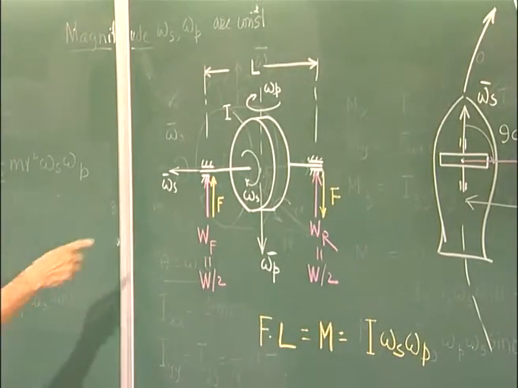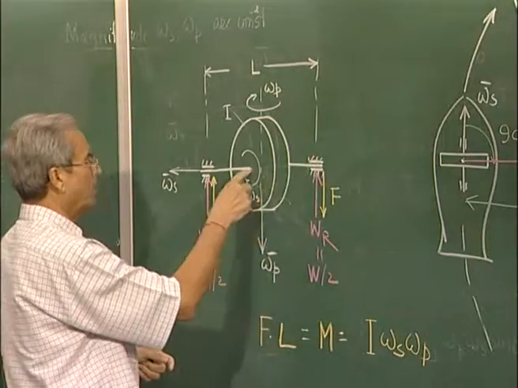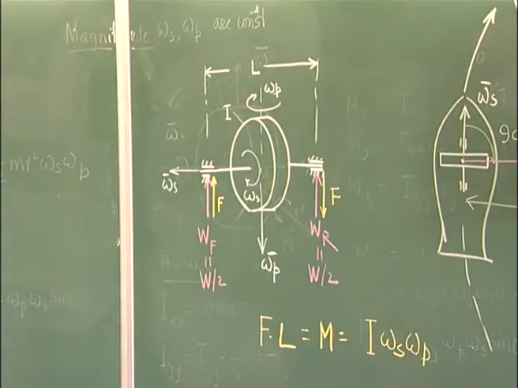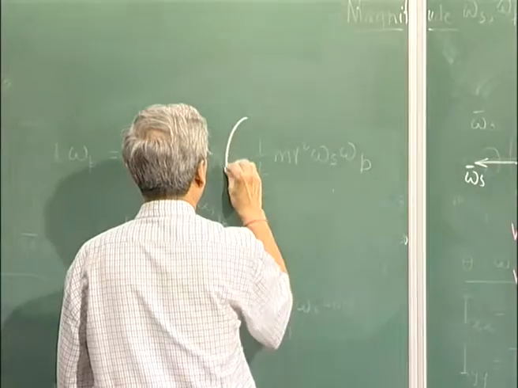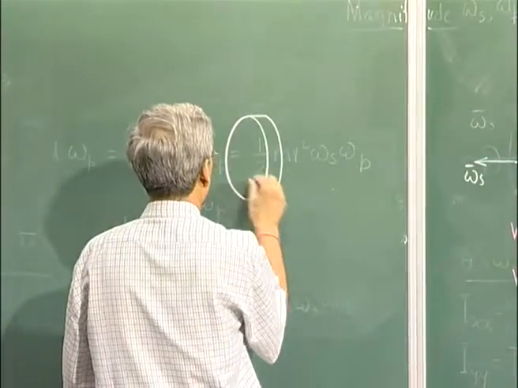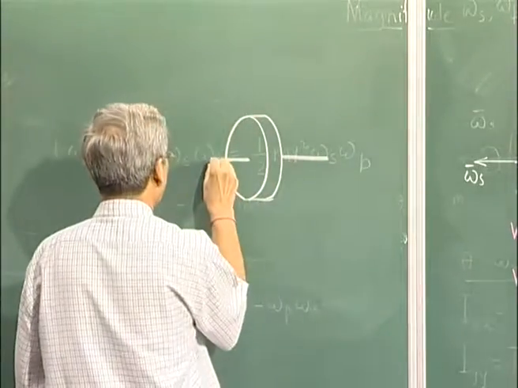The direction of the two forces, which are equal and opposite on the shaft, will depend on the direction of rotation, the turn. So the resultant reaction on the rotor shaft is going to be different at different locations.